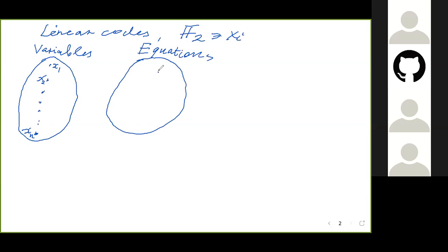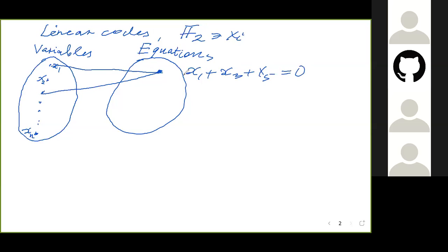For example, the equation x1 plus x3 plus x5 equals 0 will be expressed by 3 edges of this graph. Each edge connects the equation with one of the variables from that equation.